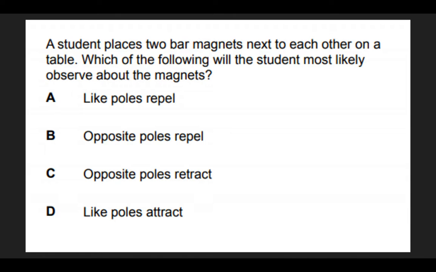Number 2, a student places 2 bar magnets next to each other on a table. Which of the following will the student most likely observe about the magnets? A, like poles repel. B, opposite poles repel. C, opposite poles retract. D, like poles attract. Pause this video and answer this question now, please. Please make sure you annotate.